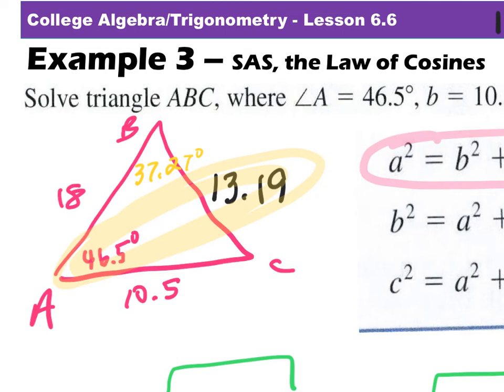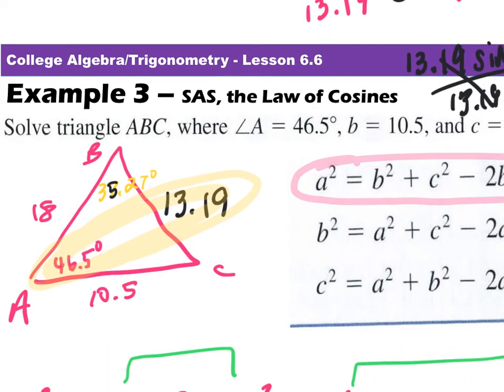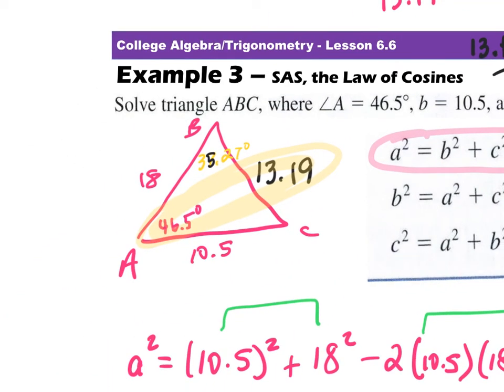So add 46.5 plus 35.27, and I get 81.77, and I subtract that from 180. I get about 98.23 degrees.